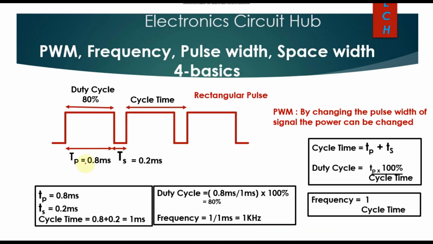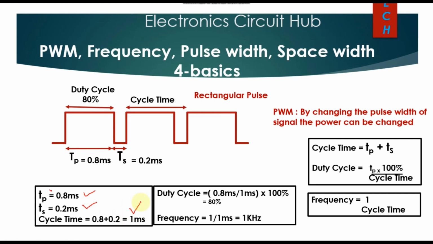So if your TP is 0.8 millisecond and your TS is 0.2 millisecond, your total cycle time equals TP plus TS, that means 0.8 plus 0.2 equals 1 millisecond.